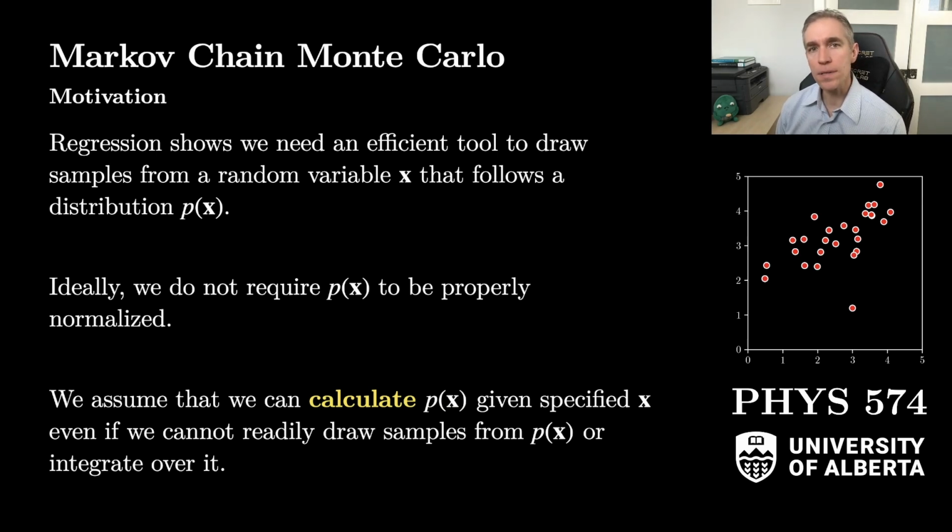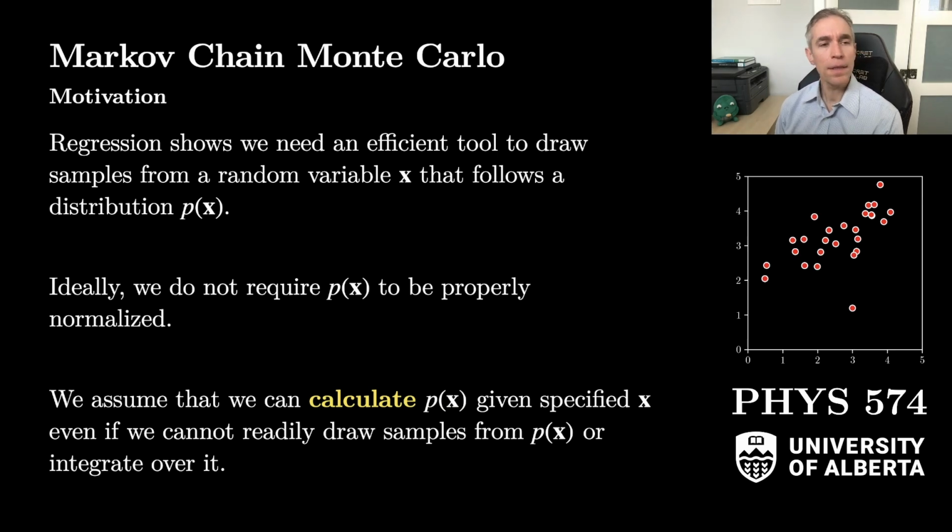And our goal is to design an efficient tool that allows us to grab samples from a known probability distribution that I'm going to call P of X. If I can draw a bunch of samples from that, I can both integrate over that distribution, and I can also calculate the statistical properties of it based on its samples, using things like expectation values, means, medians, etc., to determine the properties or the central parameters of that posterior.